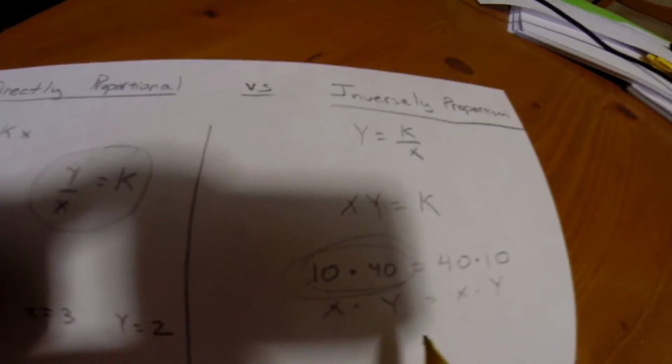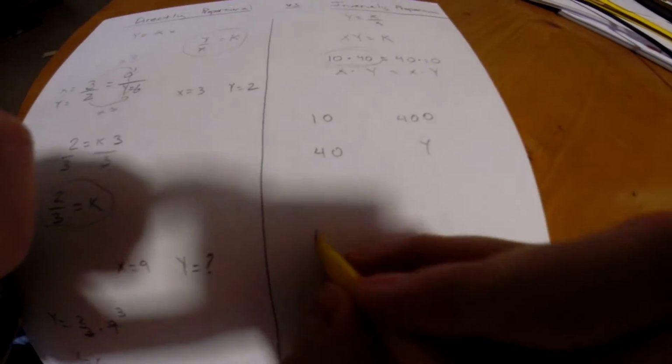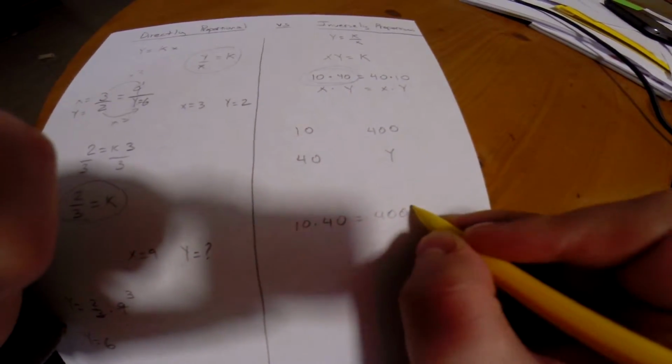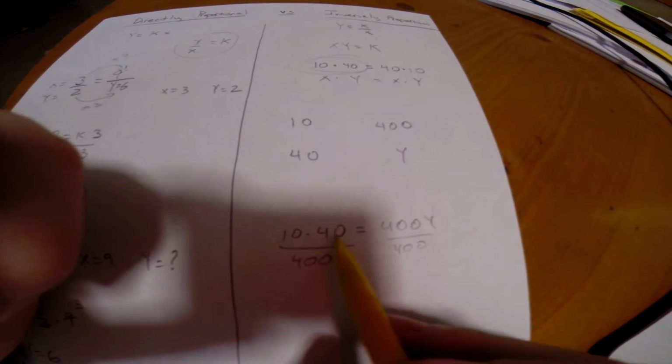If I use the relationship that we used last time, it would be 10 times 40 equals 400 times y, right? If I solve this, I divide through by 400 on both sides. Look what's going to happen here.